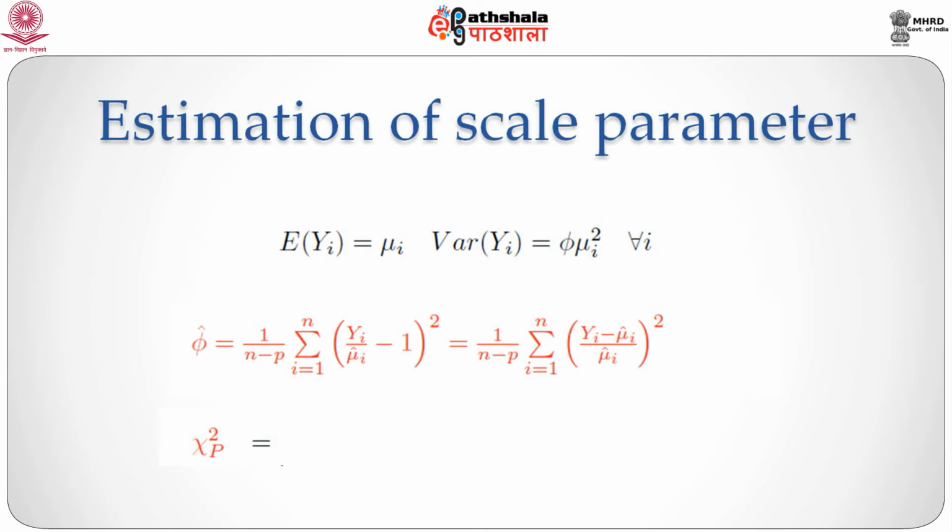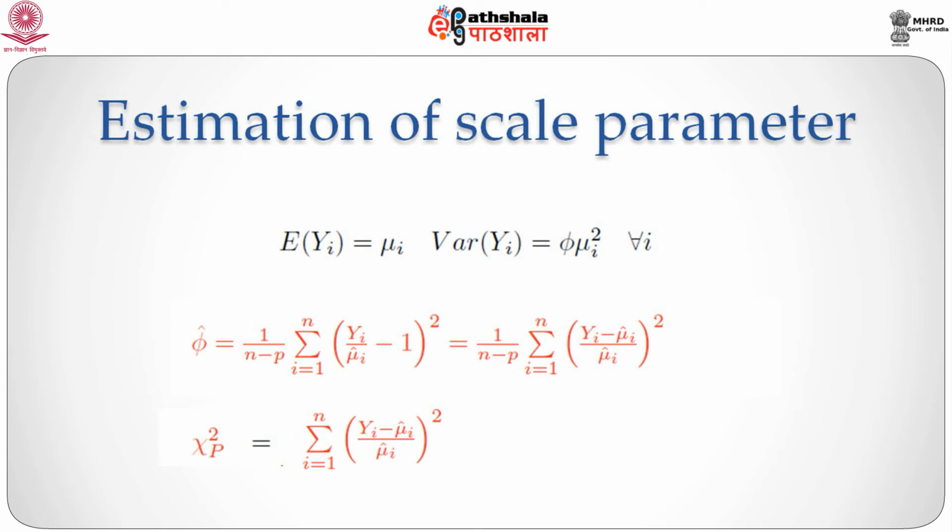To estimate the scale parameter, we can use the Pearsonian residuals and estimate φ hat as φ hat equal to 1 over n minus p summation i equals 1 to n (yi by μi hat minus 1) squared equal to 1 over n minus p summation i equals 1 to n ((yi minus μi hat) by μi hat) squared.